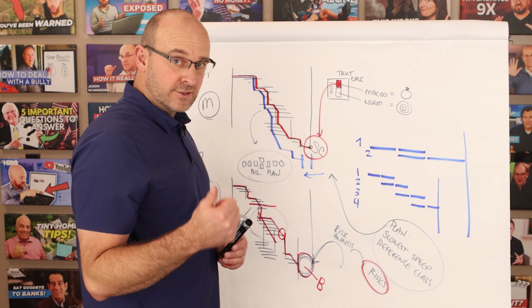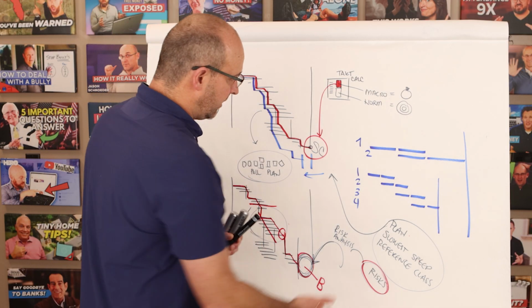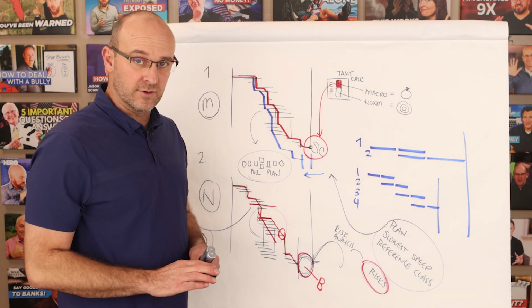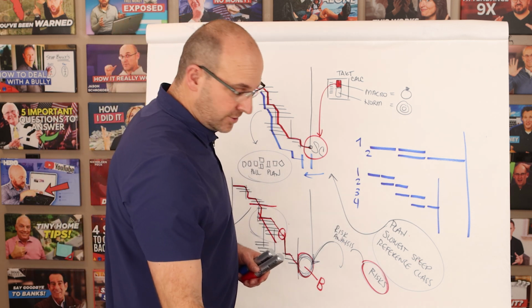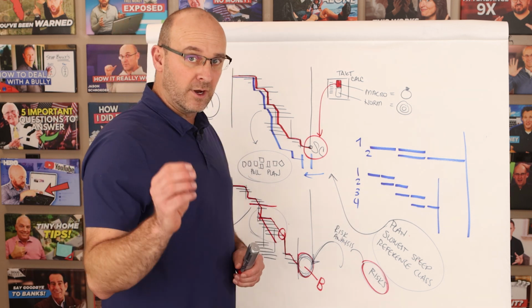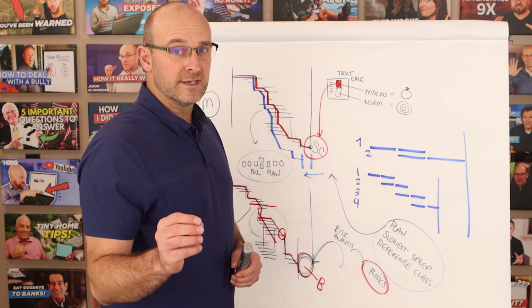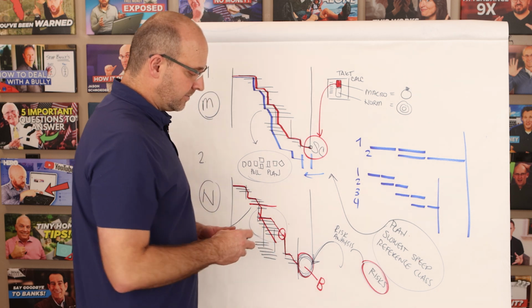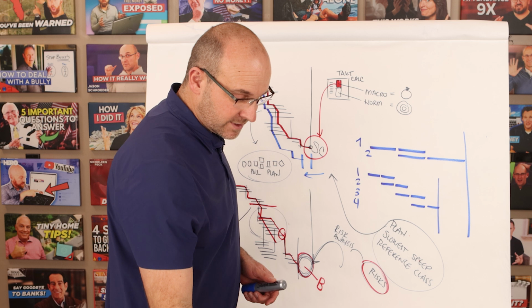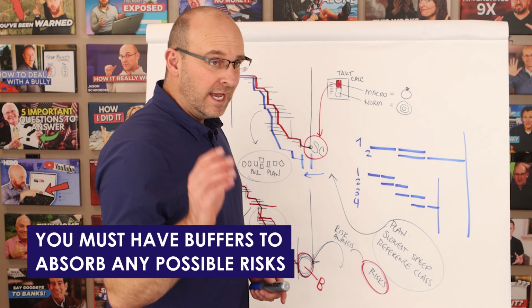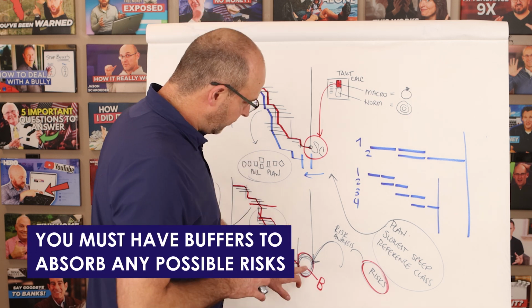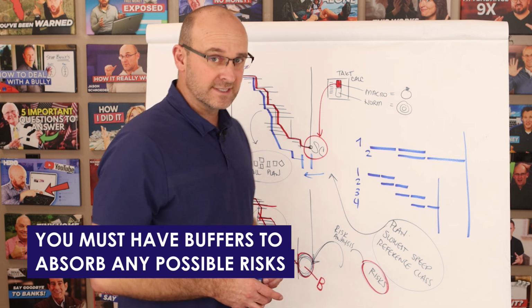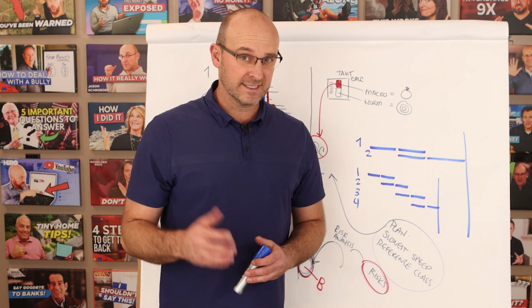So finding your constraints and designing to the work package, obviously we've already talked about rezoning, but one of the best things that you can do is never need this buffer through proper planning and implementing the last planner system. But the biggest point in this whole discussion is you must have buffers to absorb any possible risks. You must have that as a contingency plan.